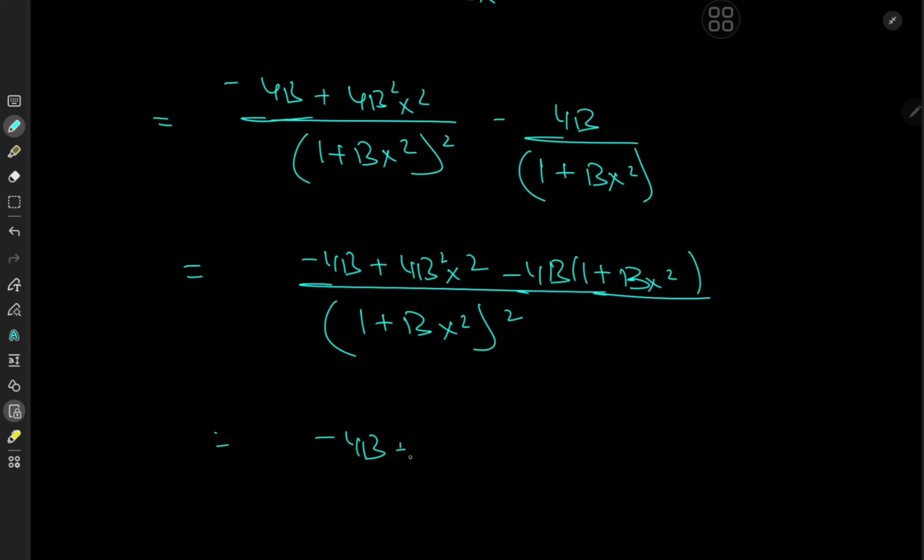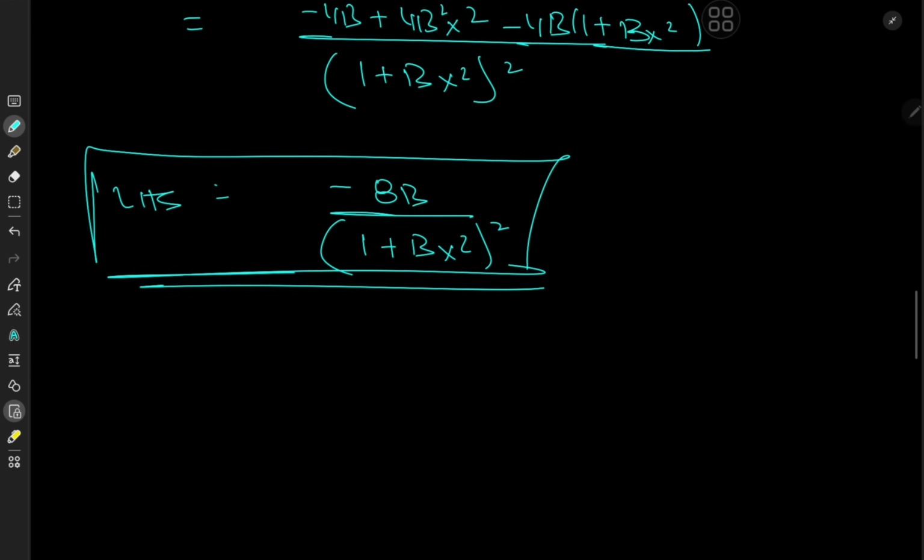We have negative 4b plus 4b squared x squared minus 4b minus 4b squared x squared. And yes, we do have the cancellation taking place. So that means, wait, I forgot the other term. Oh yeah, negative 4b, negative 4b. So the result is negative 8b, terribly sorry about that, over 1 plus bx squared squared. So that is our left-hand side.